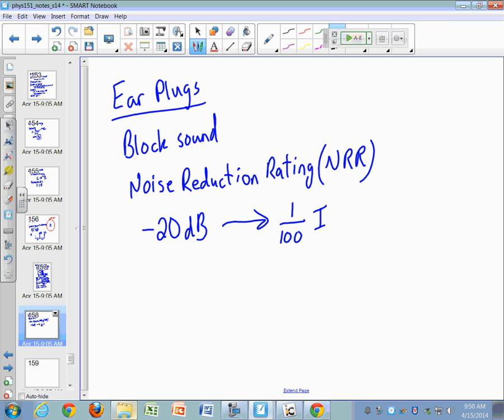It's not quite as simple as this, and your book doesn't really talk about this, but the amount of reduction actually decreases as the noise is louder.